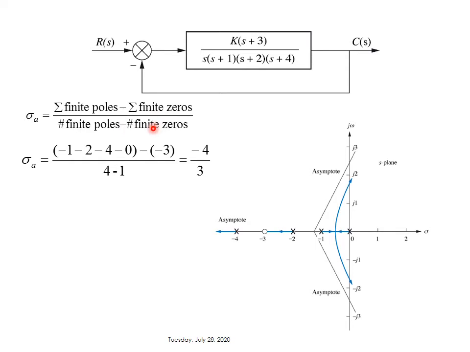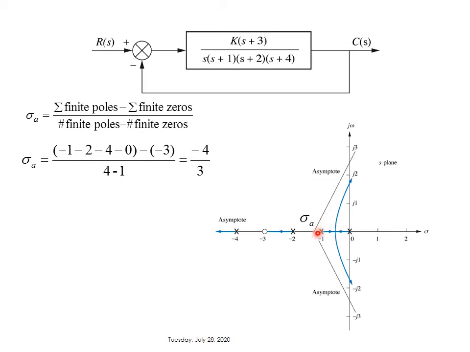How many poles do we have? We said just now it's 1, 2, 3, 4. 4 minus the number of zeros. There's only one zero, so minus 1. Doing this calculation, you get the coordinate of -4/3. So this point is the point at the coordinate of sigma axis -4/3. That is our intersection point sigma A.